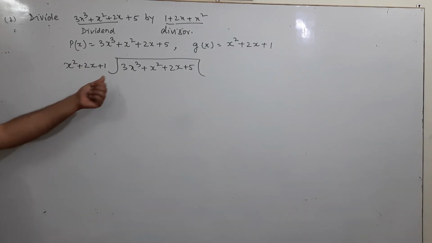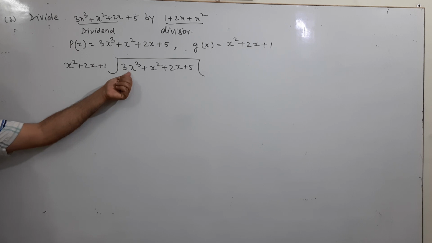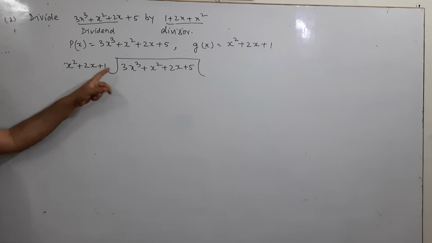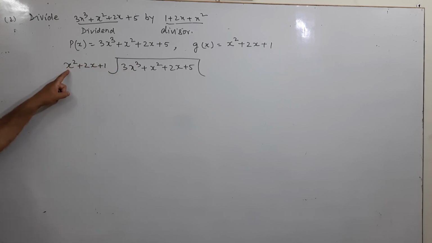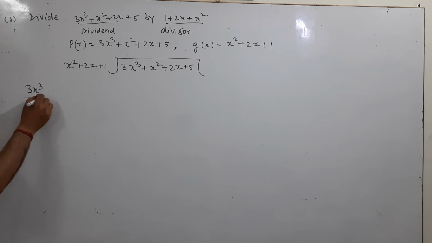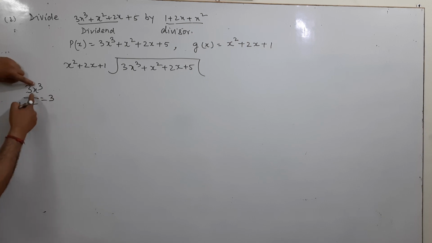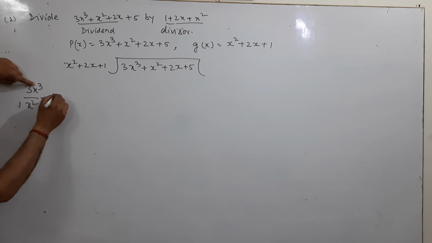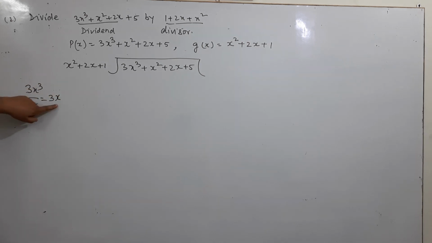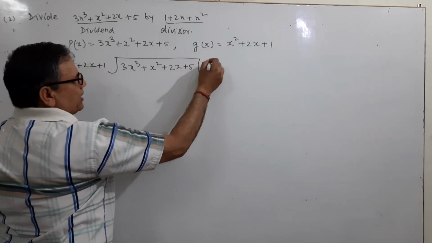What I told you: first, the highest power of variable, 3x cube divided by x square. फर्स्ट टर्म को फर्स्ट टर्म से डिवाइड करेंगे. 3x cube divided by x square, what is your answer? 3 divided by 1 is 3, x की पावर 3 minus 2 which is x. This is your 3x, and 3x we have to write here.